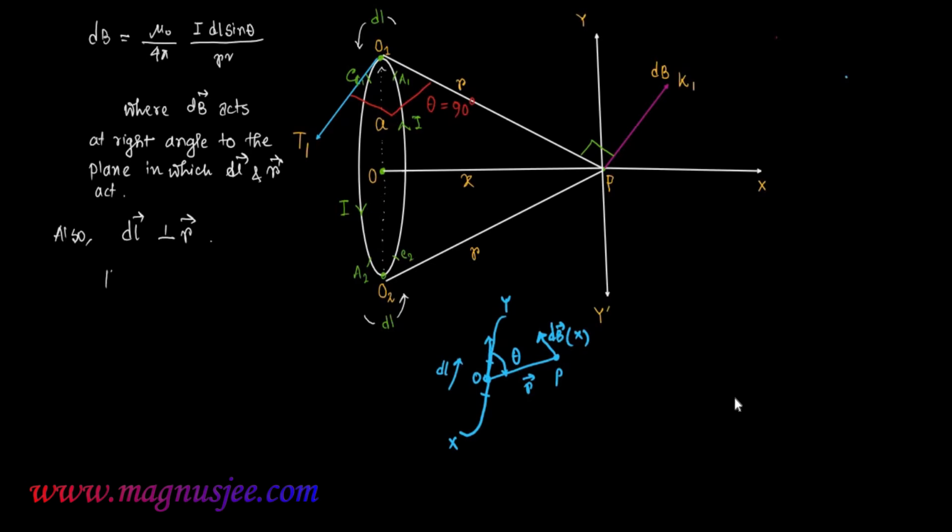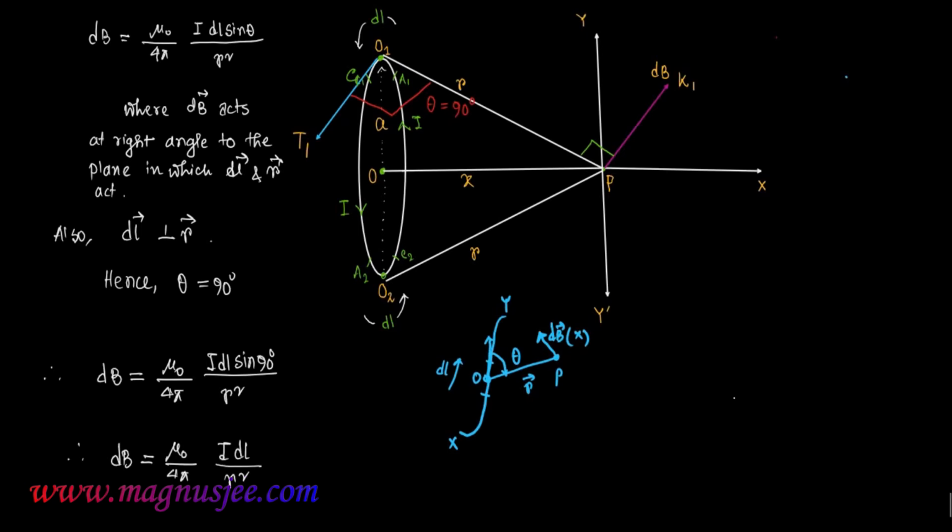Here vector dl, that means the length vector of the element A1C1, is perpendicular to vector r, hence theta equal 90 degree. Therefore dB equal mu0 by 4 pi, I dl sine 90 degree divided by r square. Therefore dB equal mu0 divided by 4 pi, I dl by r square.